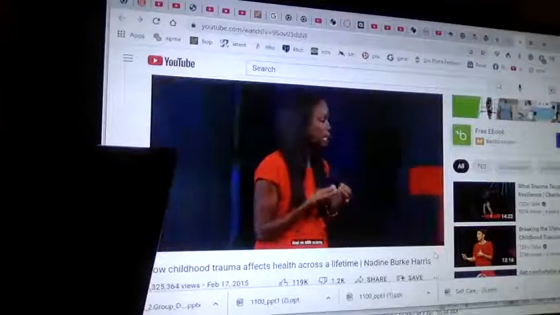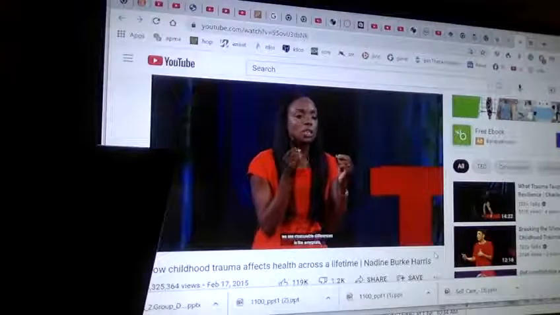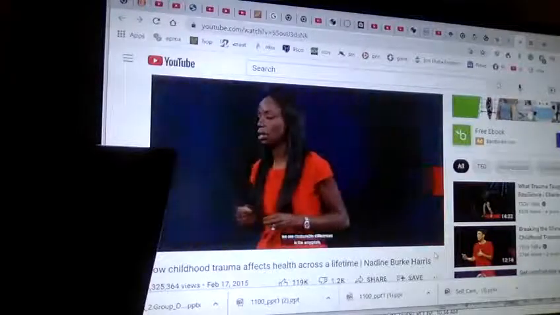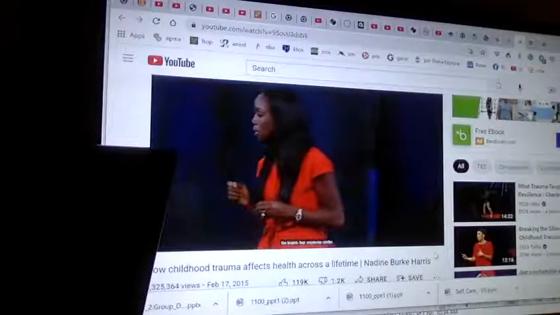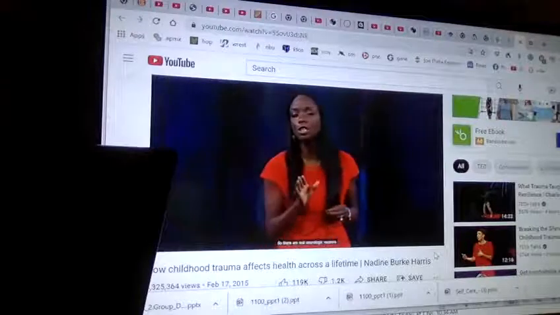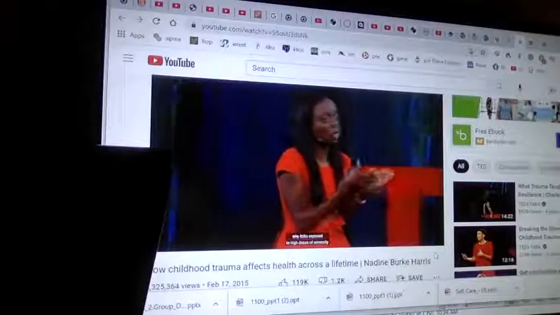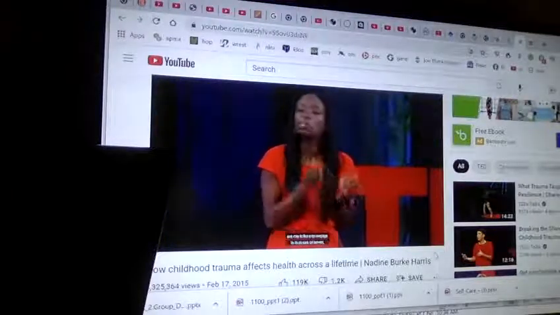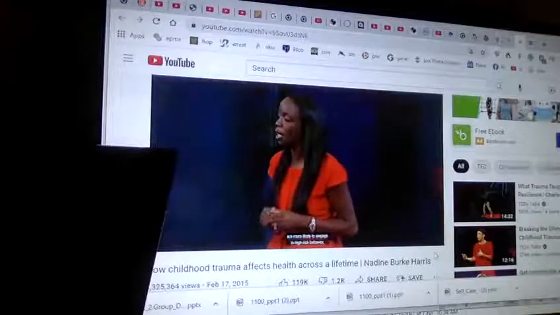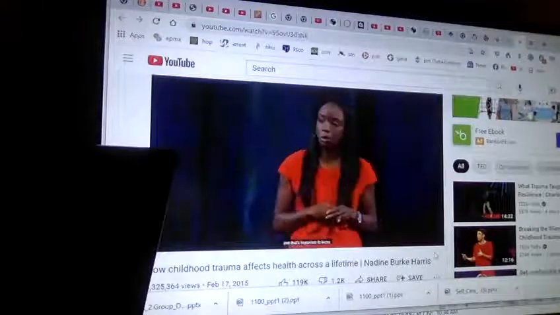And on MRI scans, we see measurable differences in the amygdala, the brain's fear response center. So there are real neurologic reasons why folks exposed to high doses of adversity are more likely to engage in high-risk behavior. And that's important to know.